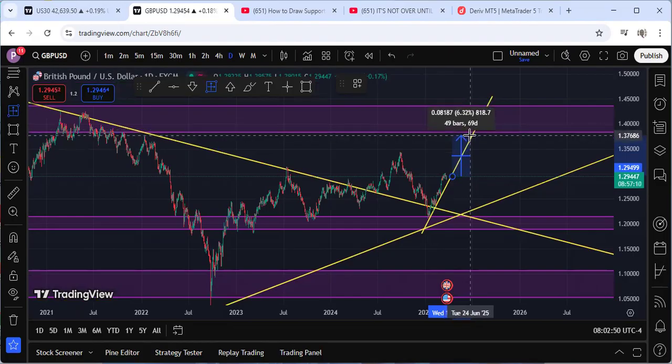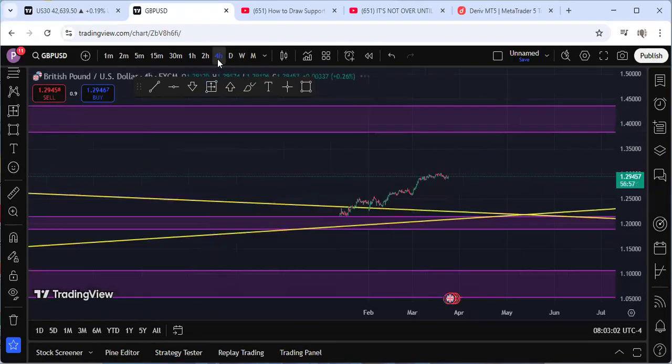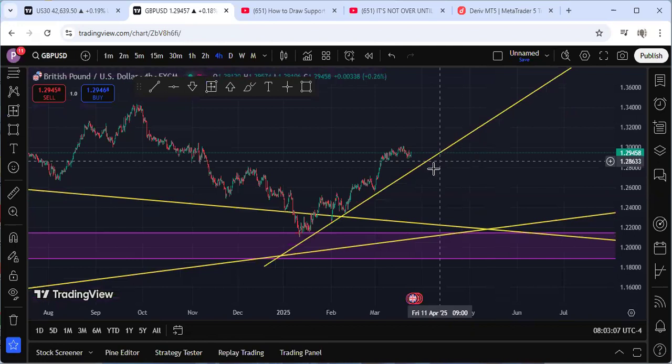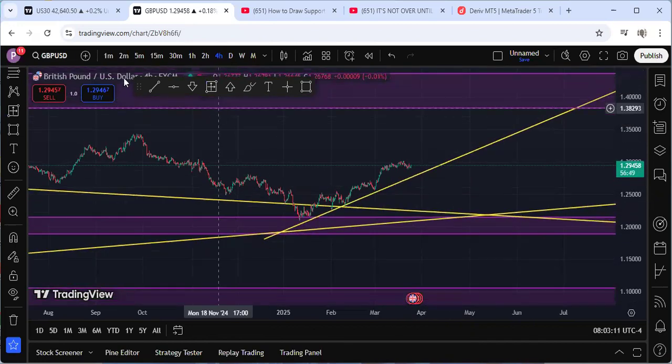You can see, by simply identifying these key levels, you can make a lot of pips from the market. Now, if the market pulls back to this trend line here, and you place a buy from here.